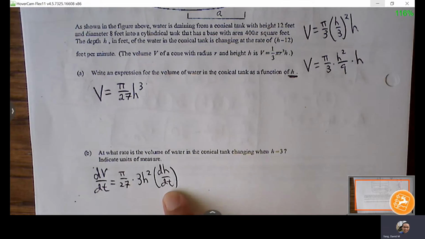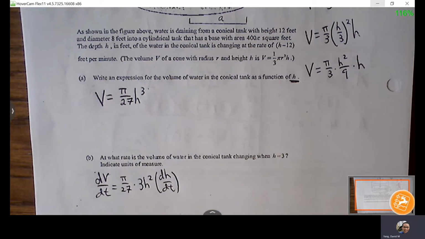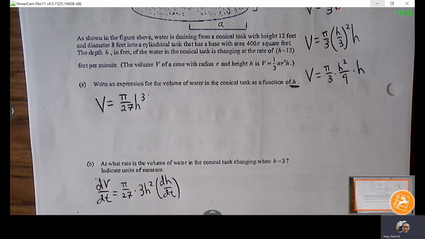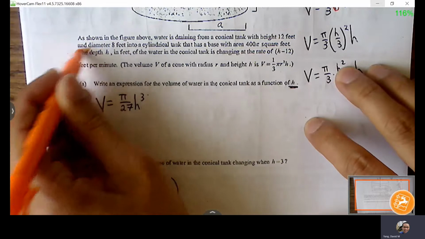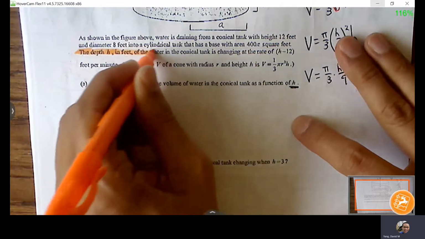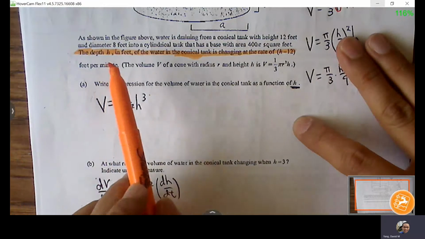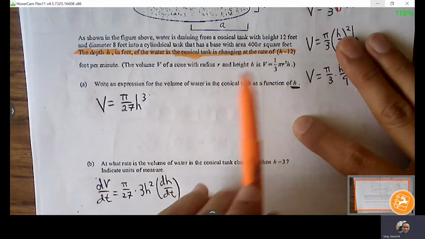Yeah, maybe like when we did r equals h over 12. I think something in the problem though. Yeah, Drew, the last part of the sentence. Yeah, so right here, right? So it's kind of hidden in the description here. It says the depth h is changing at a rate of h minus 12.